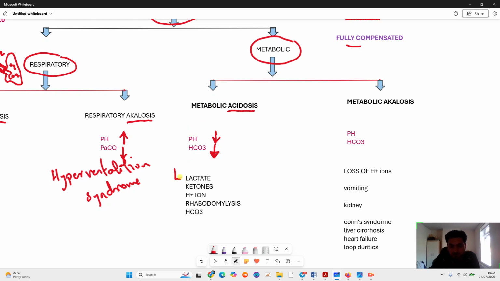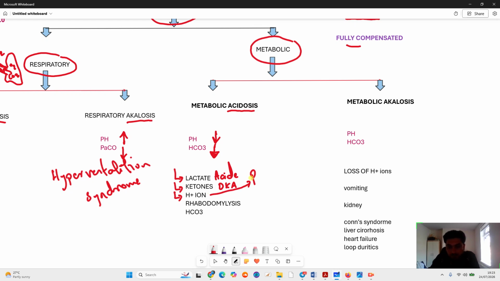So what conditions are involved in metabolic acidosis? Firstly, lactate. If more lactate or lactic acid is produced in our body, metabolic acidosis will happen. If more ketones are produced in diabetic ketoacidosis, metabolic acidosis will happen. If more hydrogen is produced or reabsorbed in the kidney, metabolic acidosis will happen.